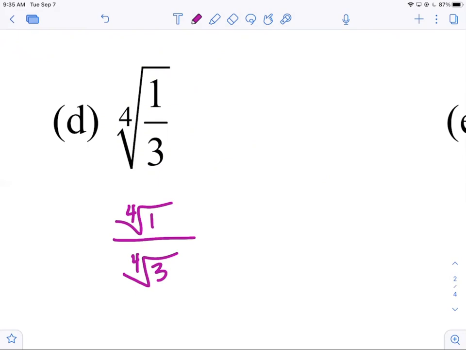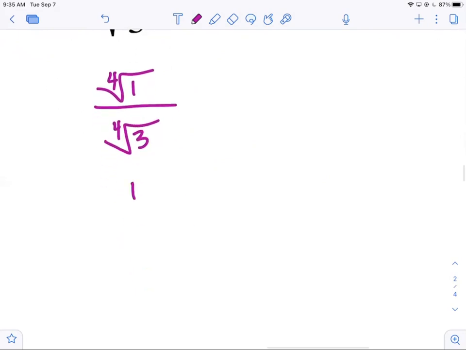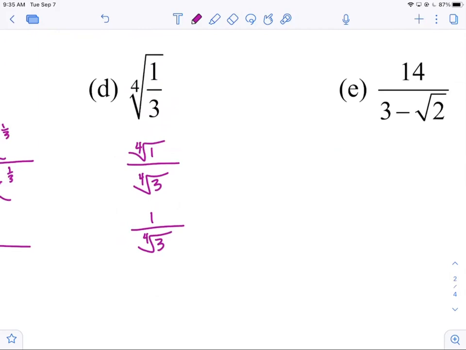What's the 4th root of 1? 1, right? So that simplifies to 1 over the 4th root of 3. That's a simplified version. So now I can clearly see that I end up with a radical in the denominator. So now to get rid of it, I need to multiply by a clever form of 1.